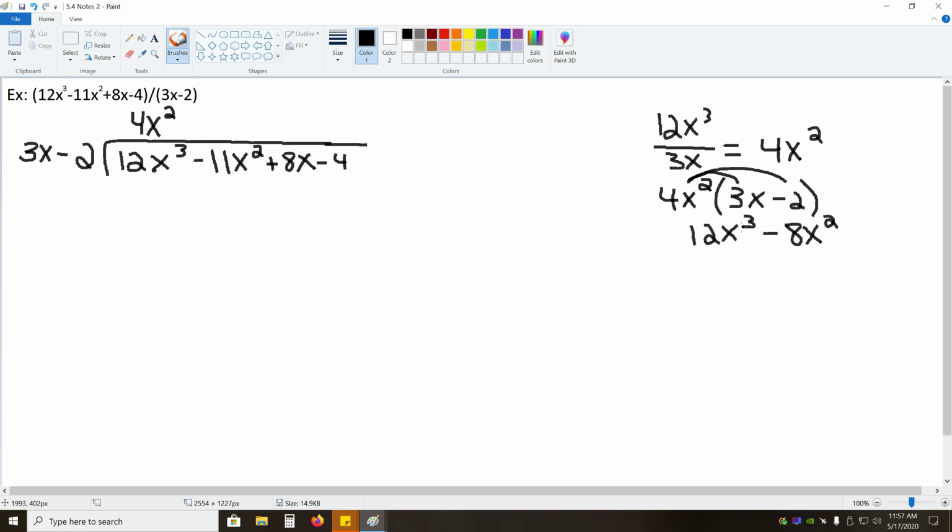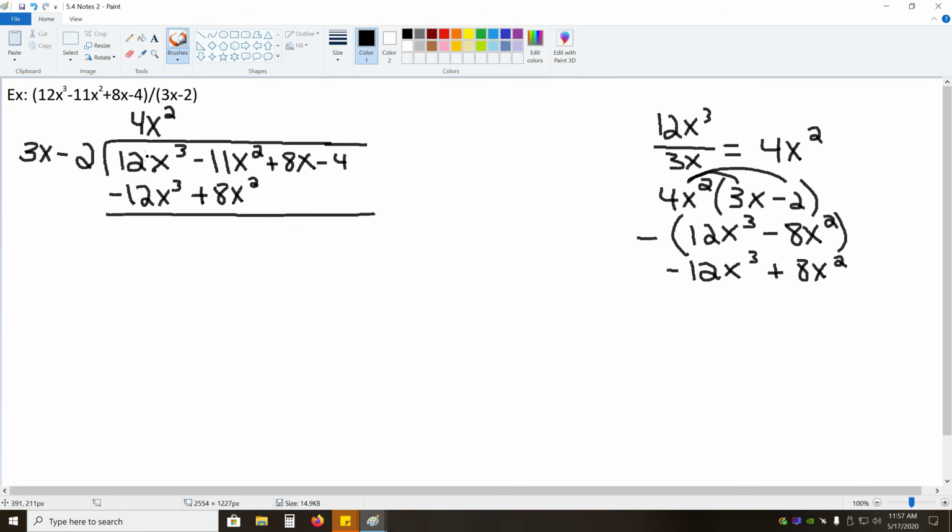And now what do we always do after we multiply? We subtract. So we're going to distribute a negative to each term, which will give us negative 12x cubed plus 8x squared. Putting that up here, we have negative 12x cubed plus 8x squared.